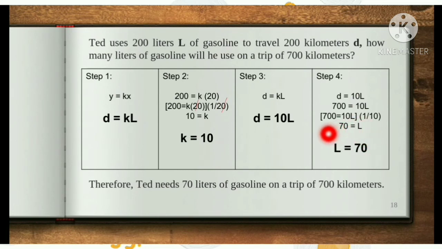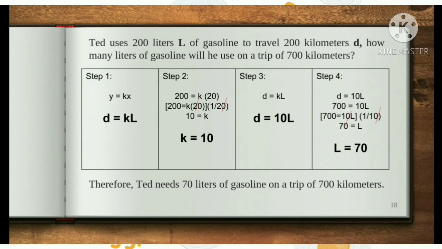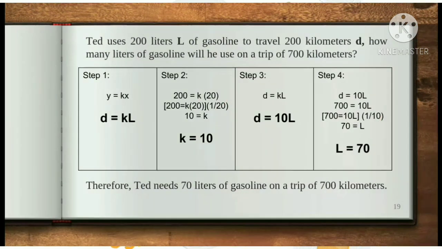So 700 times 1 over 10 is 70, and 10L multiplied by 1 over 10: the 10s are cancelled out, so the remaining term is L. So 70 is equal to L. Therefore, Ted needs 70 liters of gasoline on a trip of 700 kilometers.